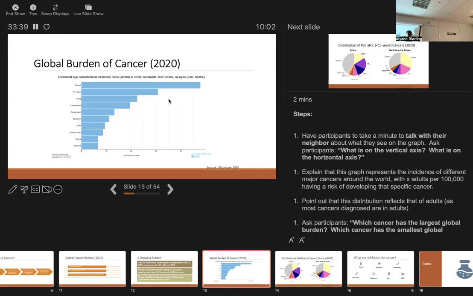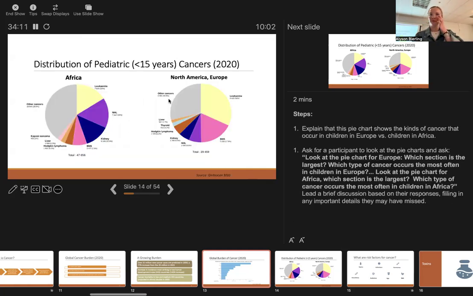So it's about 50 patients per 100,000 people who would be diagnosed with breast cancer. And then second most common is prostate. Then we have lung, colorectal cancer, cervical cancer, stomach or gastric cancer, liver, uterine cancer, ovary, and thyroid.